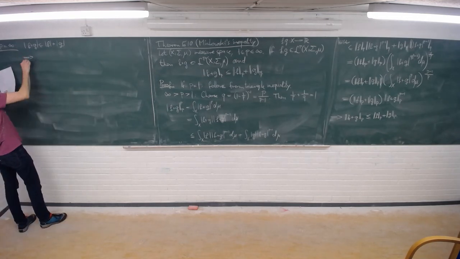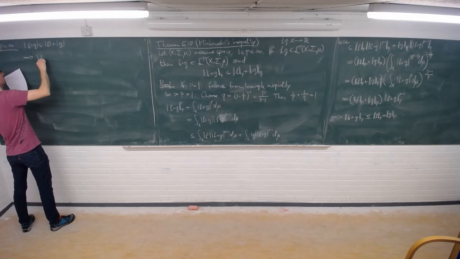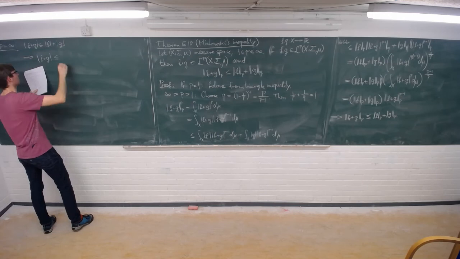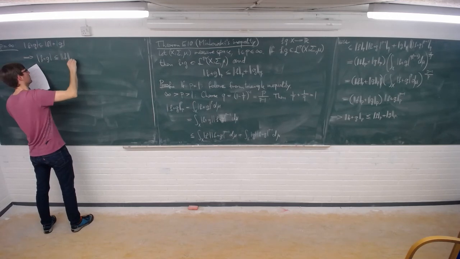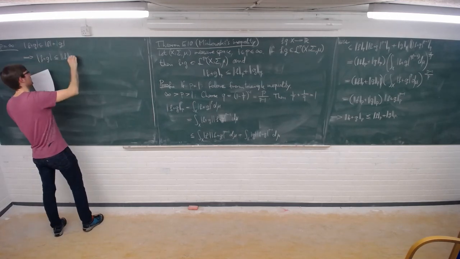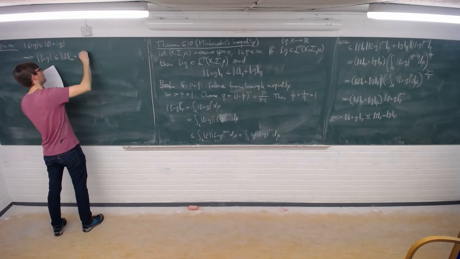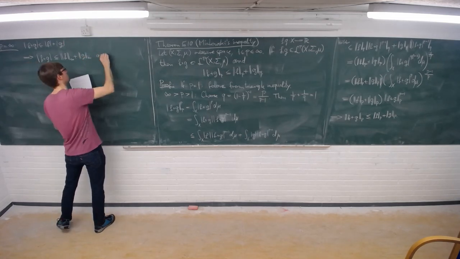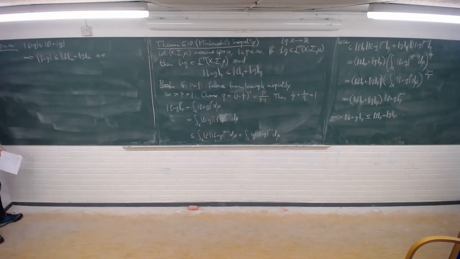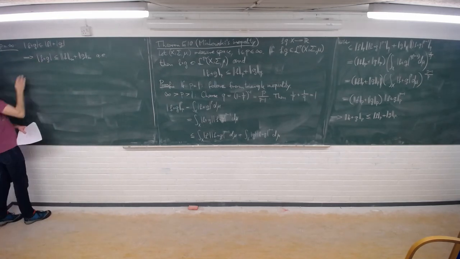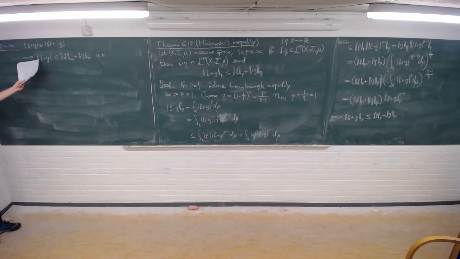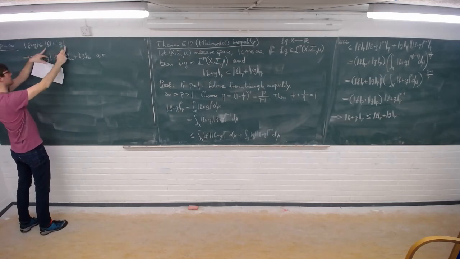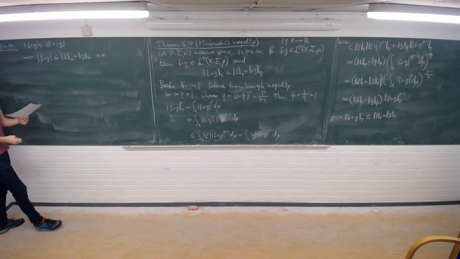This implies that the absolute value of f plus g is less than the infinity norm of f plus the infinity norm of g almost everywhere. Because the essential supremum has this property, right? And if this is larger than this, then the essential supremum of this is larger than this almost everywhere.